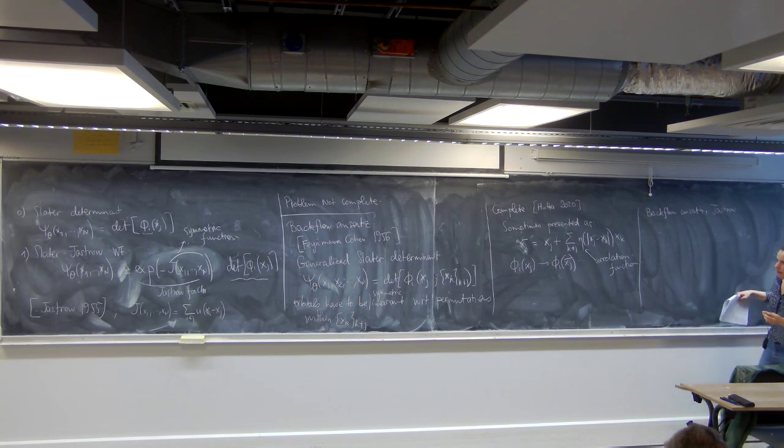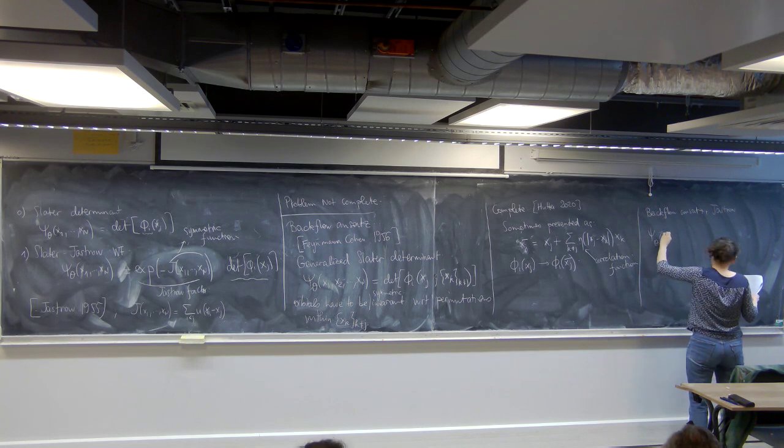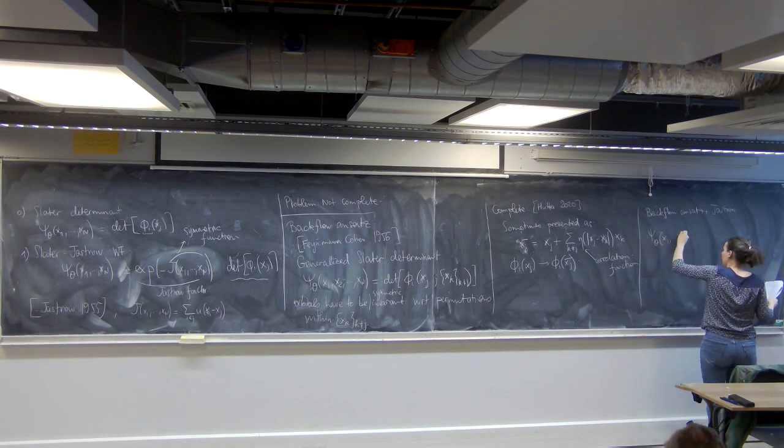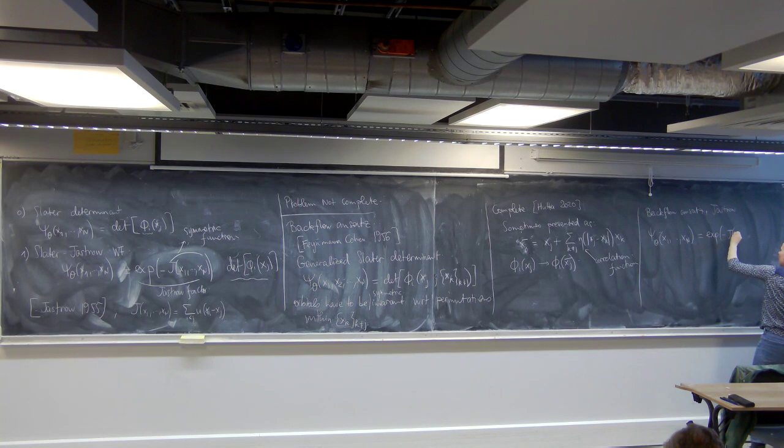So in that case, the parametrization for the wave function is exponential of minus J of x1 to xn, times the determinant of phi i of xj, xk with k not j.